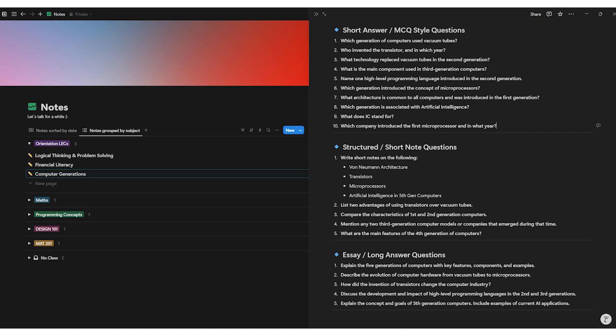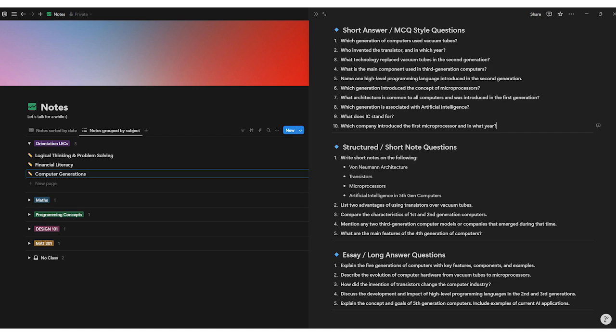They are William Shockley, John Bardeen, and Walter Brattain. All of them are from America. They invented it at the Bell Labs. So that's pretty much about them.